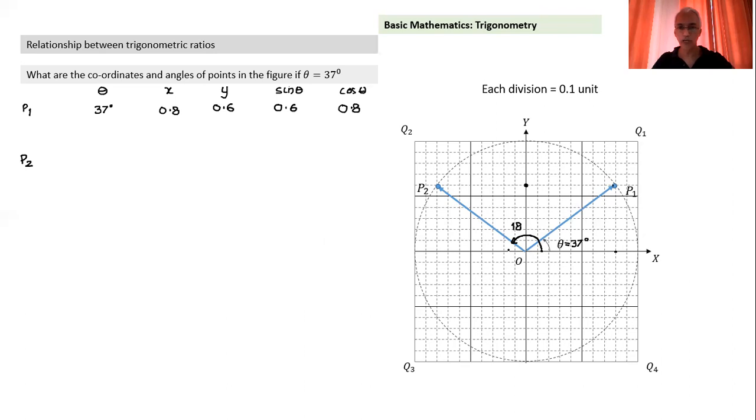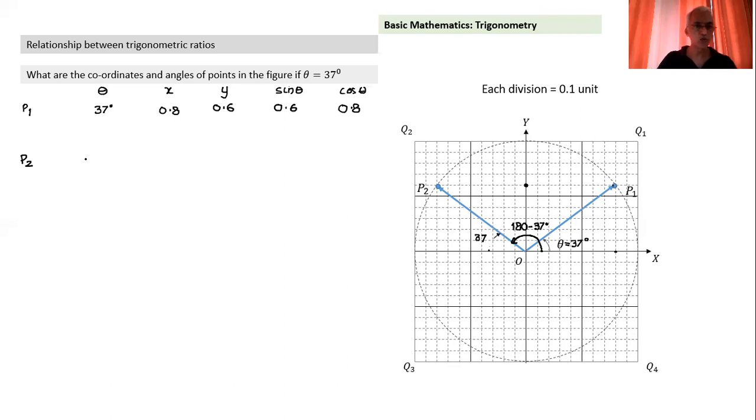Up to here it was 180, since this angle will be 37, because this triangle that gets formed here is identical to this triangle here. The height and base lengths are equal, the hypotenuse is also equal. So this angle also will be 37. So the angle P2 makes with the x-axis will be equal to 180 minus 37.